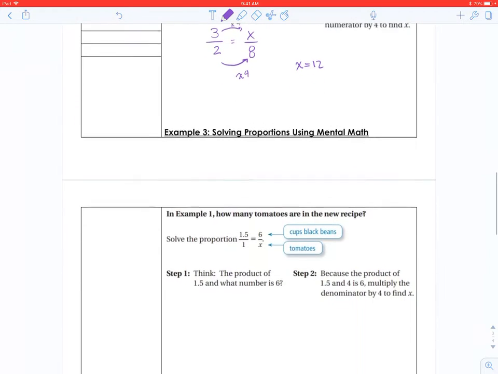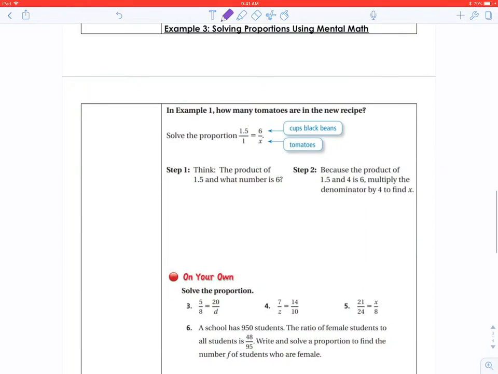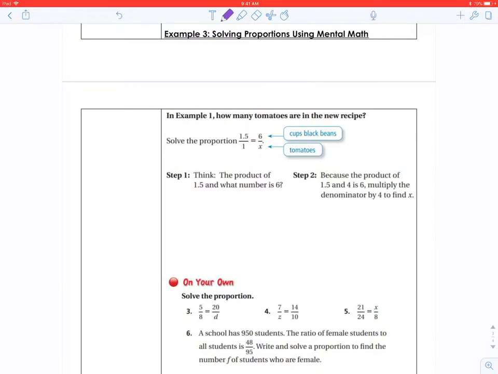And so for example 3, we're going to solve those proportions we set up previously for the tomatoes and the black beans. In example 1, we set up that proportion that in the original recipe, we have to use 1.5 cups of black beans for every 1 tomato. And then in the new recipe, we're gonna use 6 cups of black beans, and we need to determine how many tomatoes do we need to use in that case.